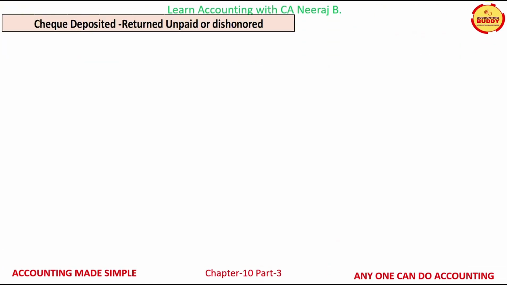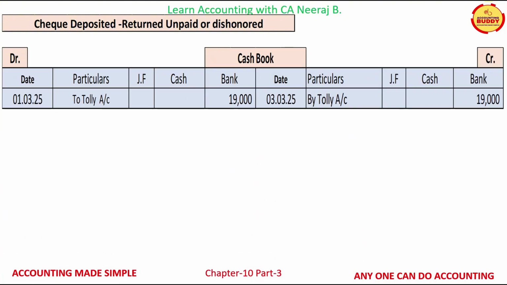Let us understand the accounting treatment of a check deposited in the bank which is returned unpaid or is dishonored. Let us understand the scenario based on an example of the cash book displayed on your screens. On 1st March 25, a check of amount $19,000 received from Toli is deposited in the bank and it is recorded in the bank column on the left-hand debit side of the cash book.